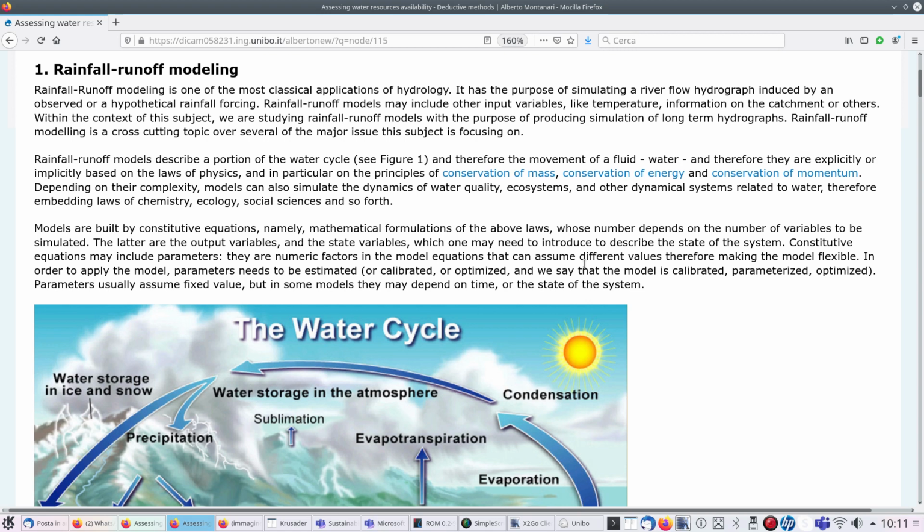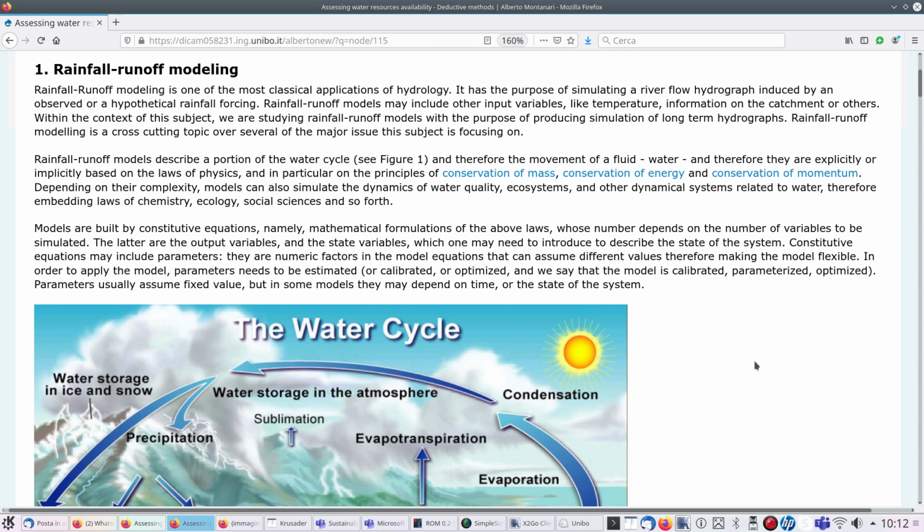In Italy we have 20 regions for environmental protection, and usually these data are made available online, at least the list of the stations. If you look at the data, you will see that the density of rainfall data is much higher than the density of river flow data. And this is understandable if one considers the easier measurement of rainfall data. Therefore, it follows that rainfall runoff models are more attractive.